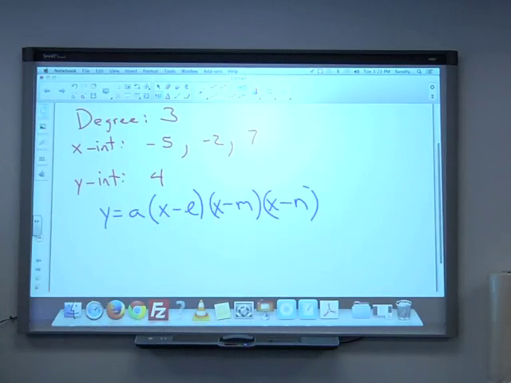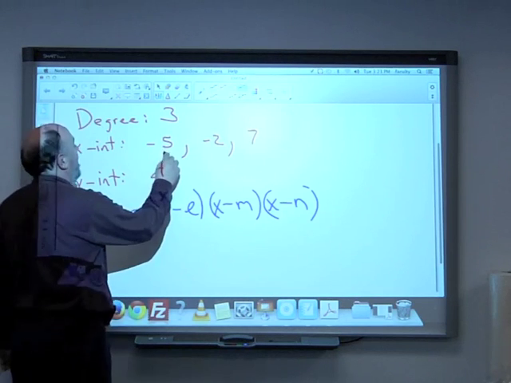Again, A tells you how quickly it opens or closes. We'll talk about how we do that. And then x minus L, and I just picked different letters because I didn't want to use letters we've been using here. But basically the L, the M, and the N correspond to my intercepts.